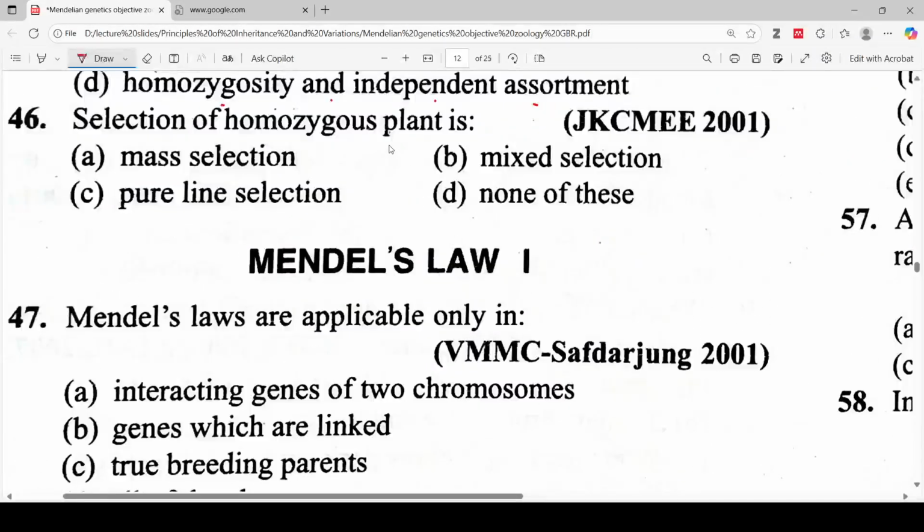Selection of homozygous plant is mass selection, pure line selection, mixed selection, or none of these.